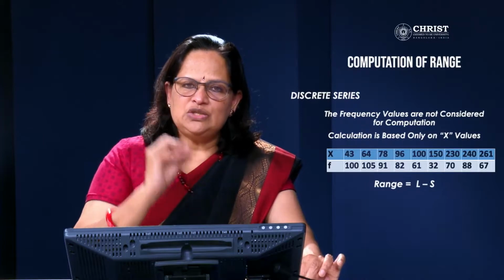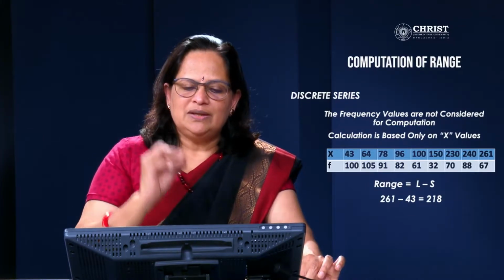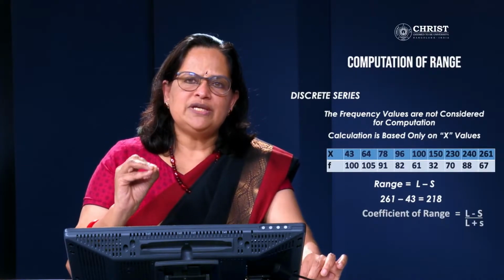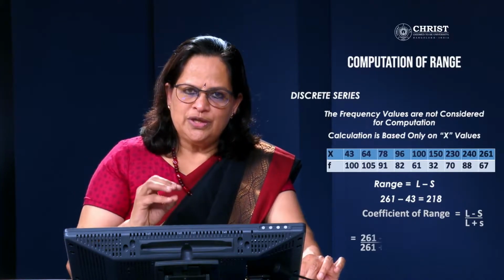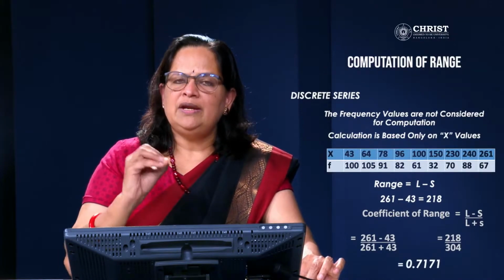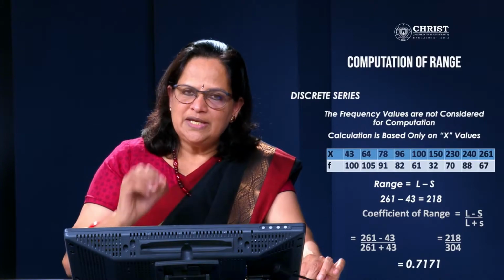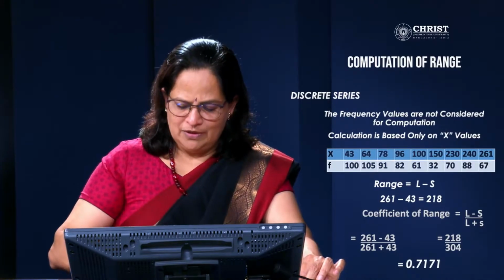So range is equal to L minus S, that is 261 minus 43, which is 218. Now the coefficient of range is L minus S divided by L plus S, so 261 minus 43 divided by 261 plus 43, that is 218 divided by 304, which is 0.7171.